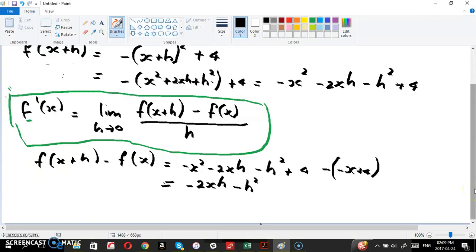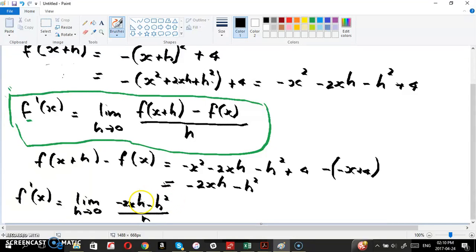So lastly, what we do is we take this and we plug it in. So we say f dash at x is equal to the limit as h tends to 0 of minus 2xh minus h squared all over h.